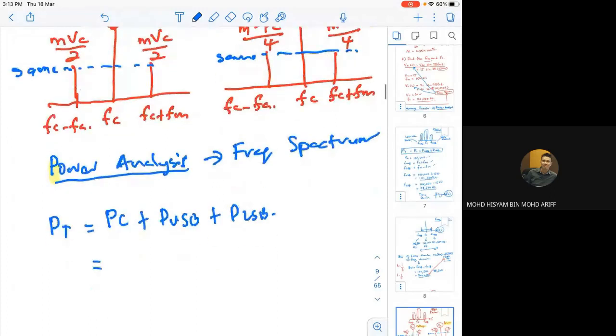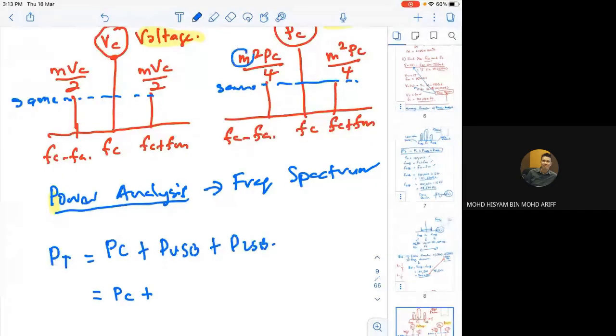PC is the carrier power, so you put PC here. And how about P upper sideband? What is the M? M is the modulation index. M equals Vm over Vc.